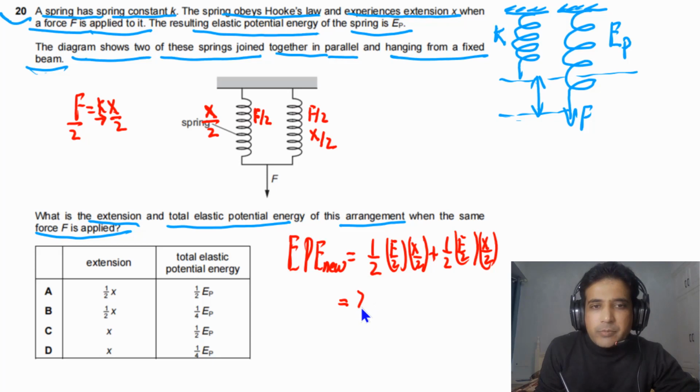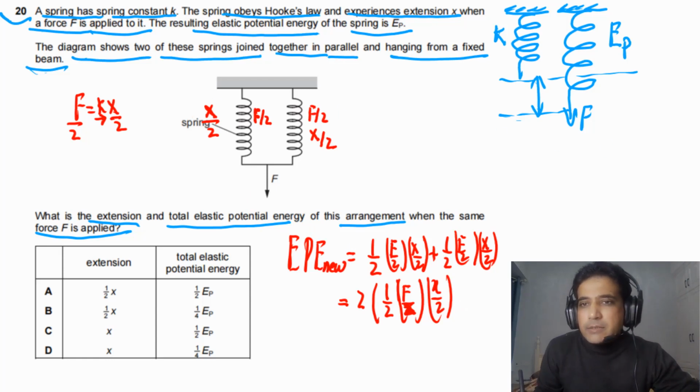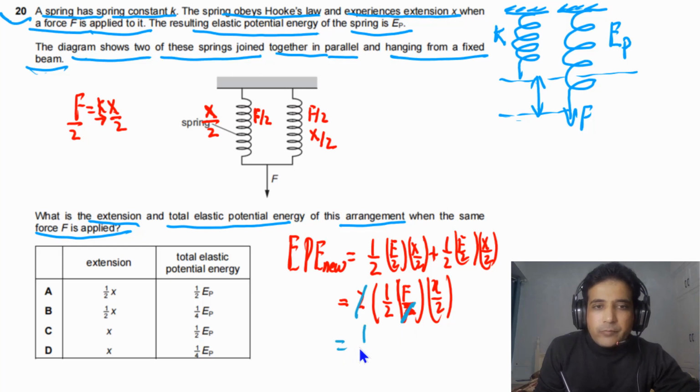So we have 1/2, and we have F by 2, and here we have X by 2. Simply in this case we can cancel this 2 with this 2. So we are left with 1 by 2 F times X by 2.